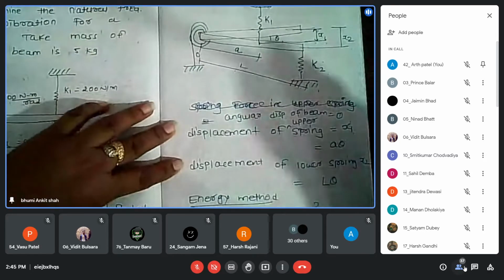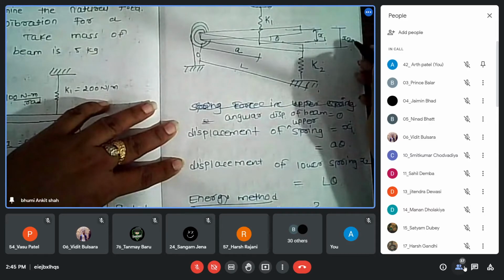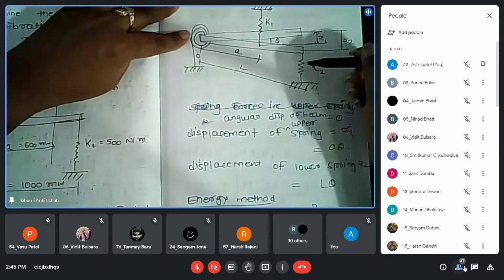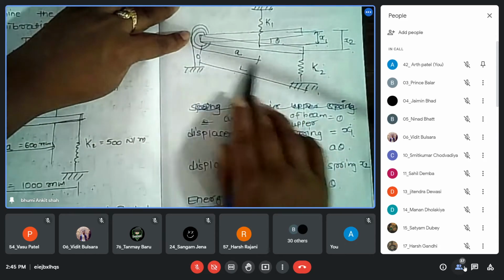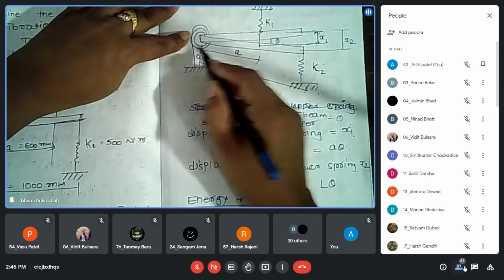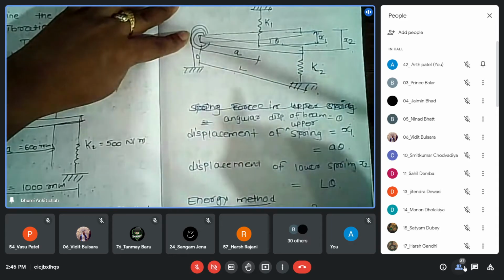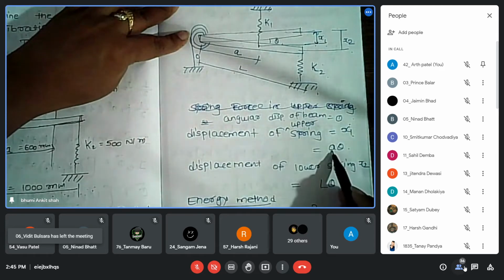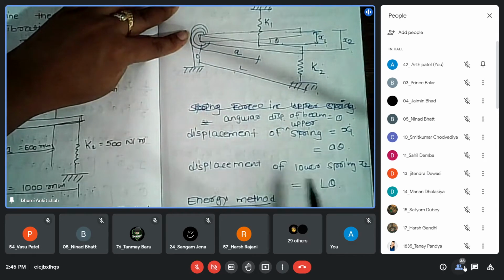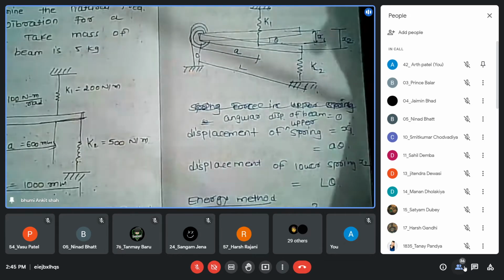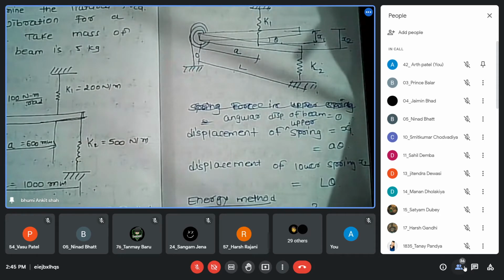Now when you convert the displacements x1 and x2 in terms of angle, when you deflect this, this is A, and the horizontal component is A sine theta. Sine theta is equivalent to theta, so you can write it as A theta. Same way for length, L sine theta, that means L theta. This way you can define x1 and x2.